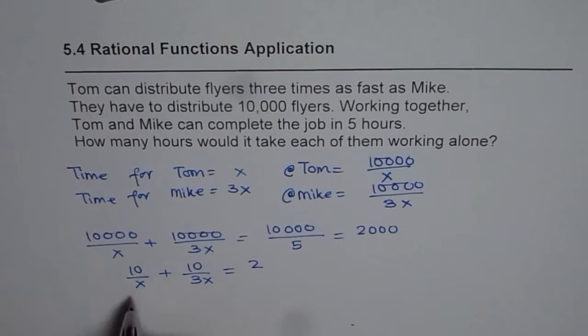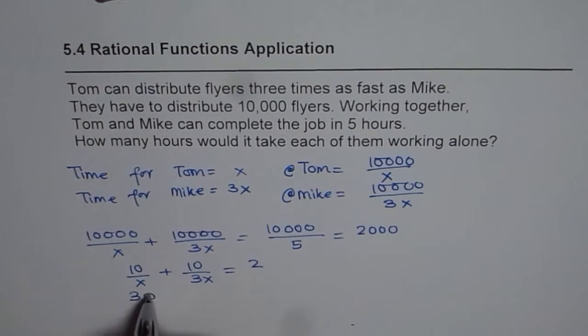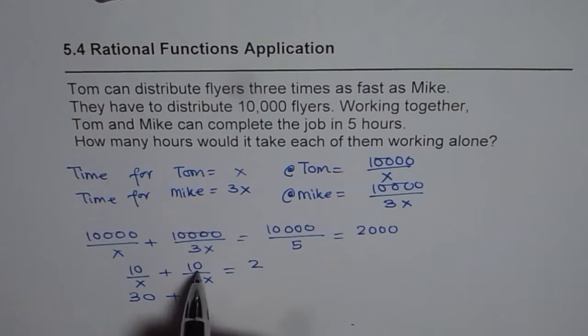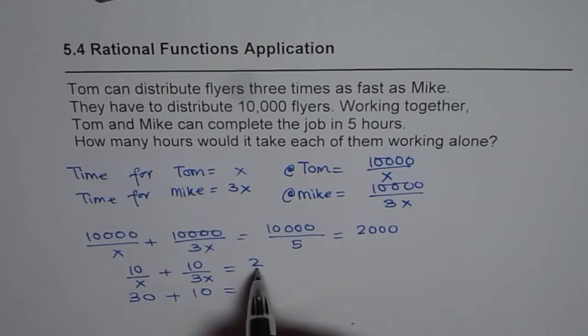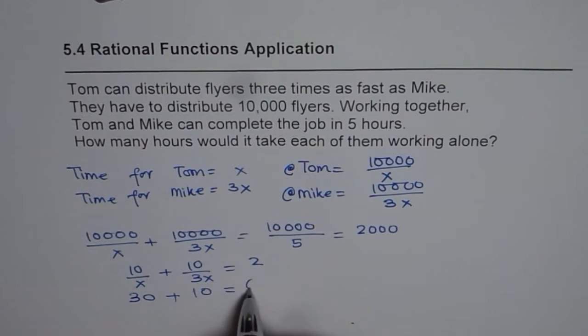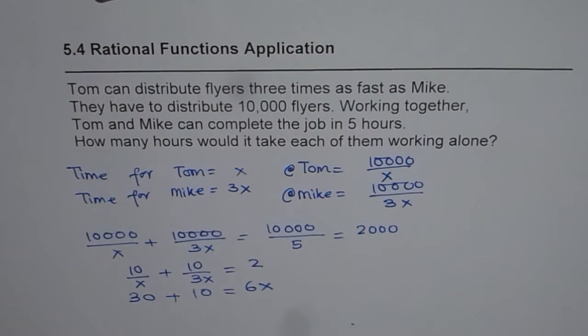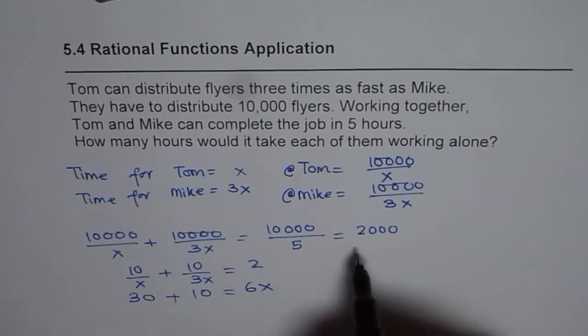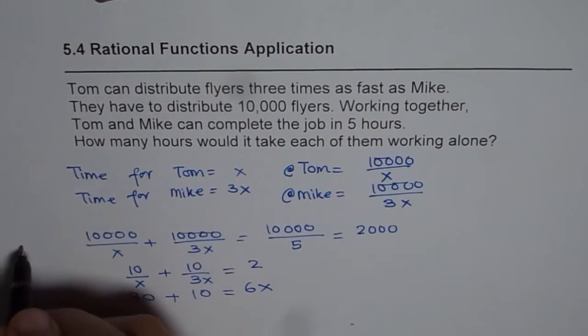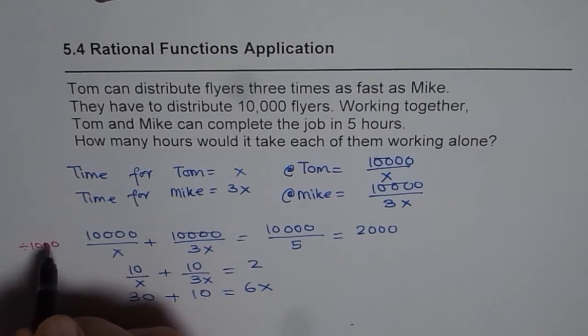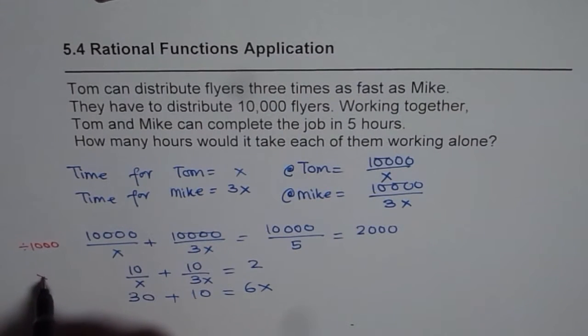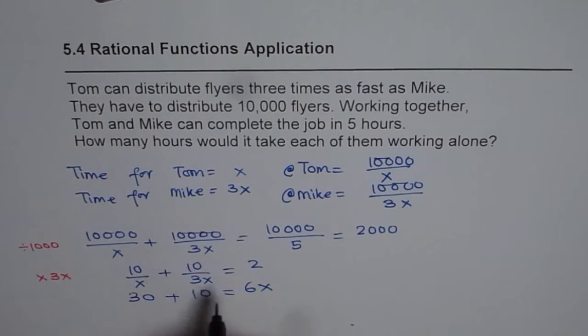On this side I get 30 plus, here this gets multiplied by 1, so it remains as 10, and this becomes 3 times 2, which is 6x, right? So at the first stage we divided each term by 1,000. In this case, we multiplied each term by 3x, right? So we got this equation.